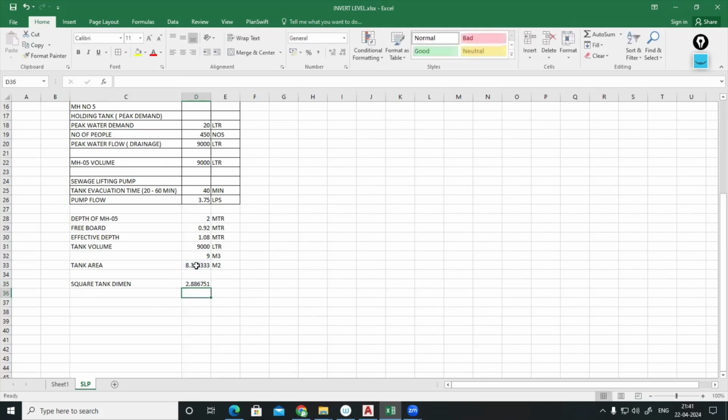How much are we getting? We are getting 2.88 meter, let's say 3 meter. So the manhole number 5 size has to be adjusted to 3 meter into 3 meter into 2 meter.